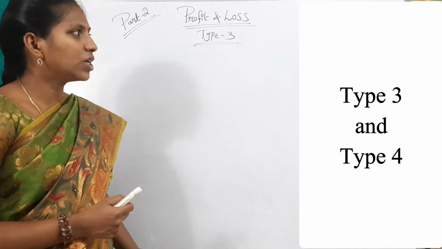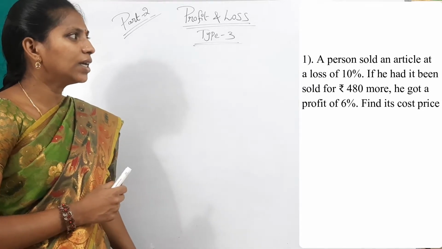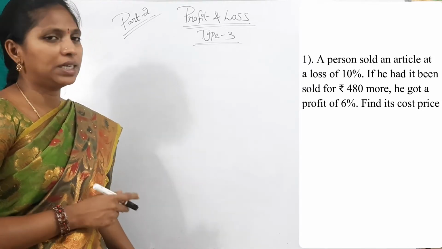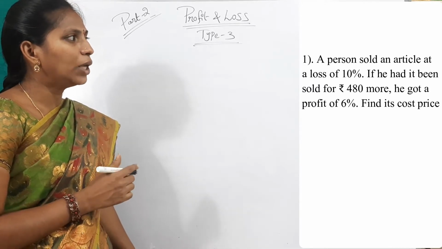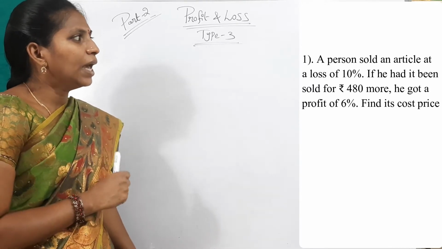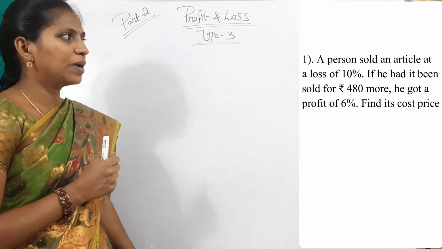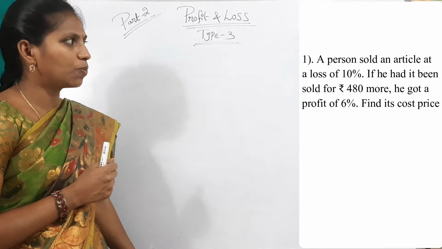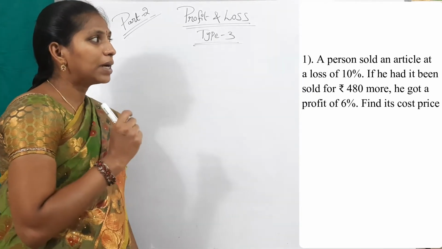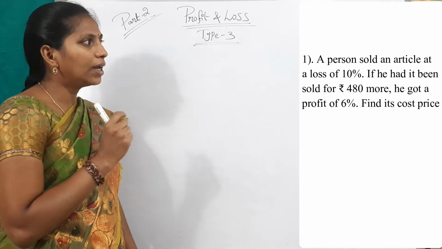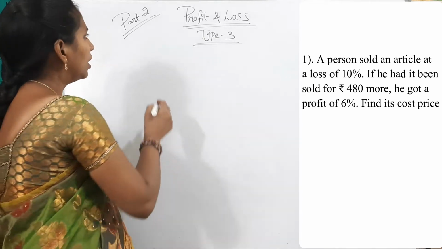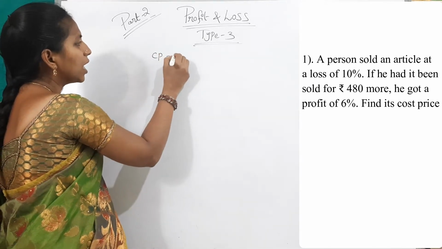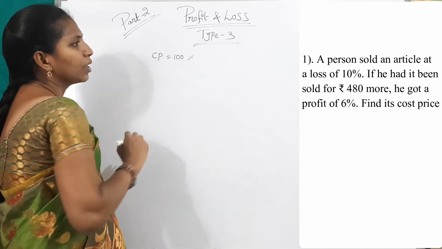Now see first question, a person sold an article at a loss of 10%. If he had sold it for 480 rupees more, he got a profit of 6%. Find its cost price. A person sold an article at a loss of 10%. Here take cost price as 100%.